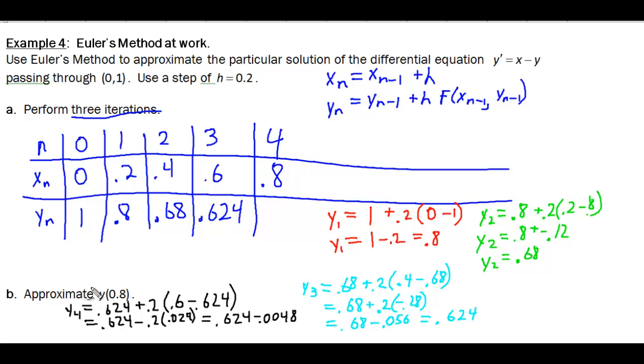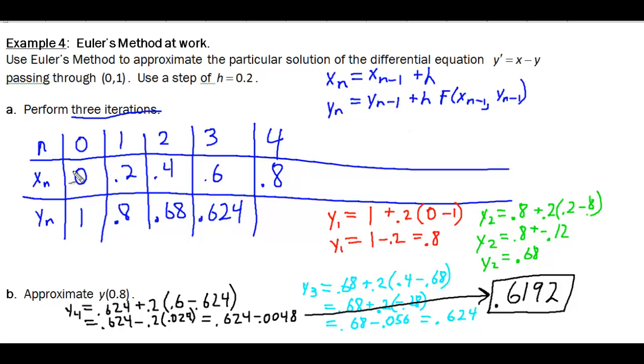And so y of 0.8 we can approximate to be 0.6192 would be our approximate for the value of y of 0.8.